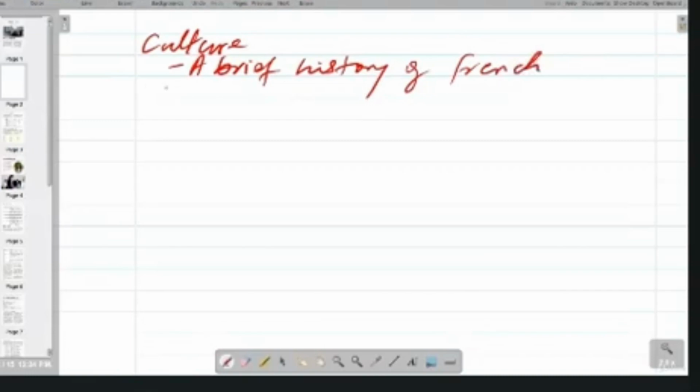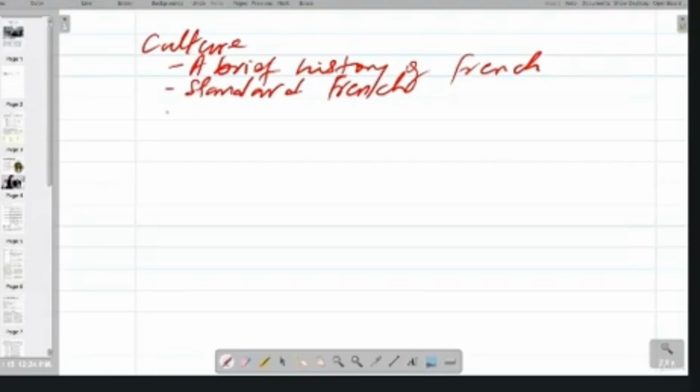So you should be able to understand how it became a language and the origins of the French language. And also, you are going to be able to know what we mean when we say standard French. So that means that you are exposed to the concept of variety of French language, different varieties of French language.